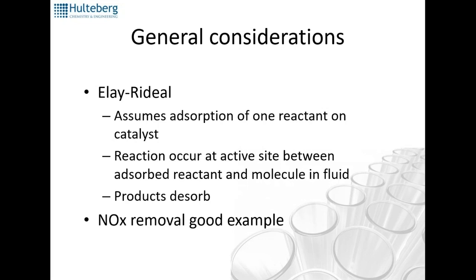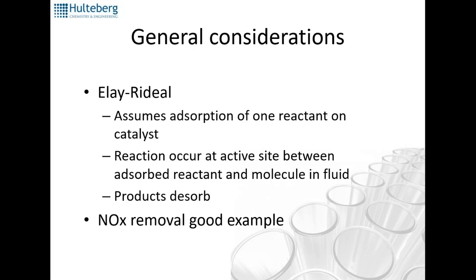NOx removal is a really good example, where you have an acidic catalyst which is completely filled with ammonia, and the NOx molecules land directly on the ammonia and react into nitrogen and water to be removed.